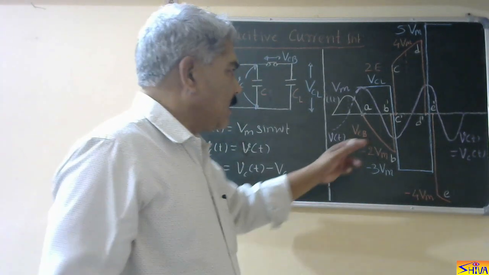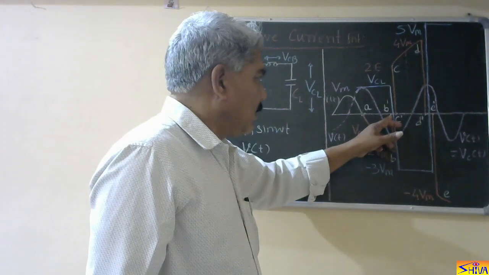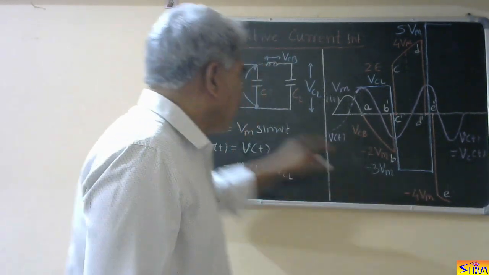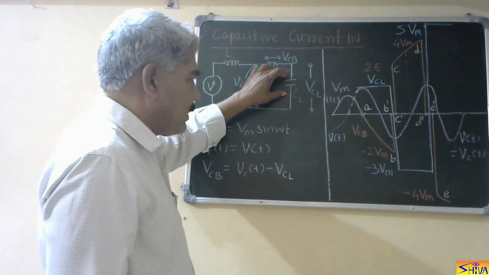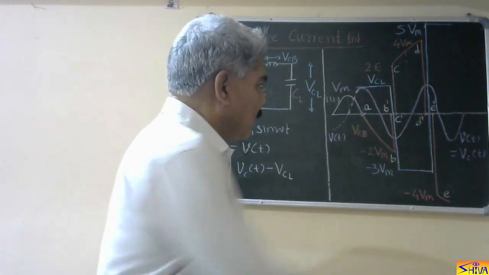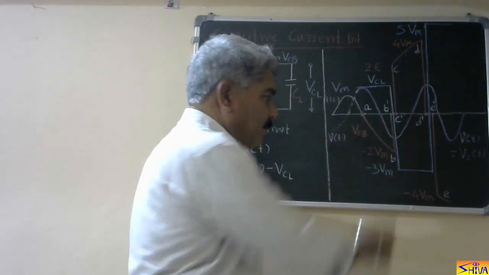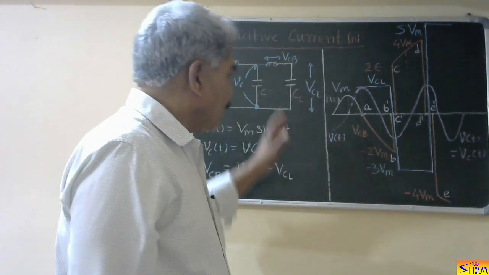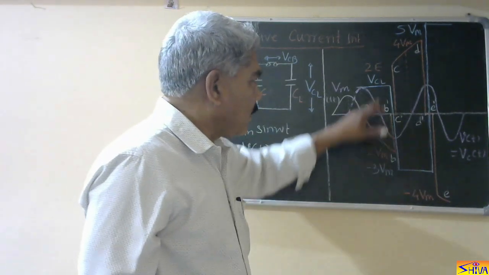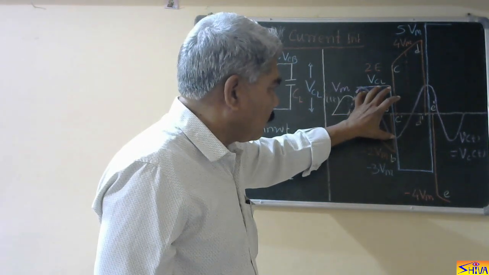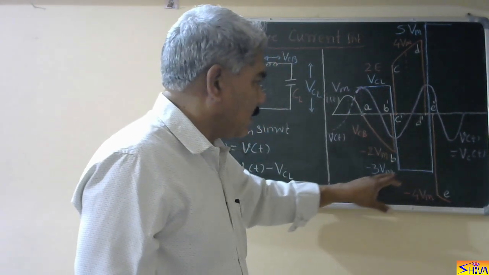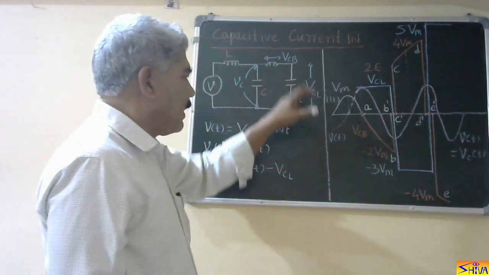When the arc is interrupted at this point, let us say at C dash, at that instant the voltage trapped across this load capacitance will be minus 3 Vm. Why minus 3 Vm? Because high frequency oscillations are taking place with respect to this point. So this 2 Vm, this is also 2 Vm. So minus 3 Vm will be the voltage held by this capacitance.